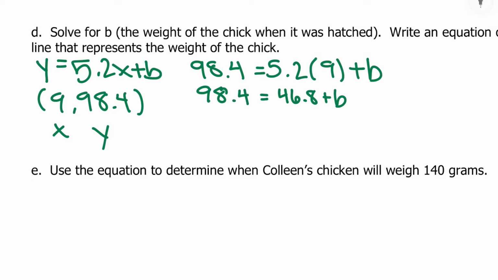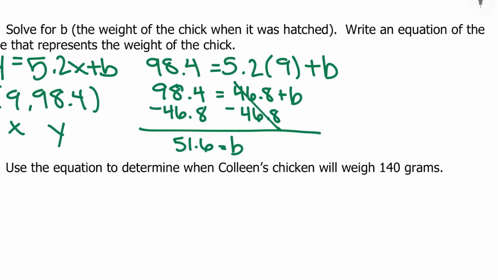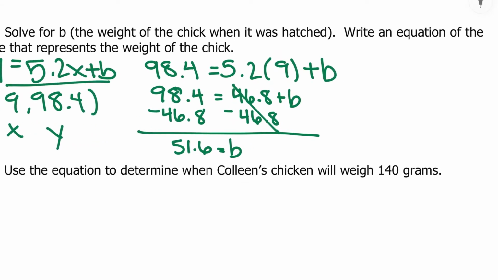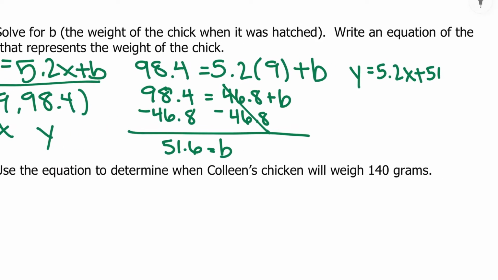And then to get b alone, we're going to take away 46.8 on both sides. So this goes away and we get b equals 51.6. So we're going to just plug that back into the original equation from over here. So y equals 5.2x plus 51.6.